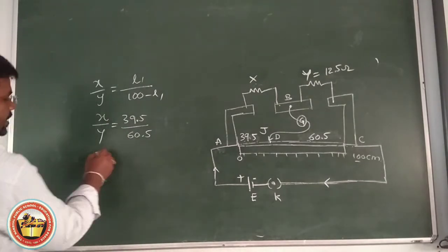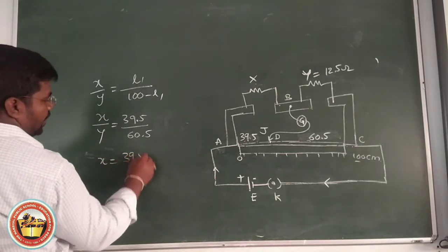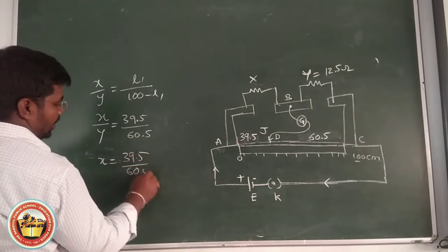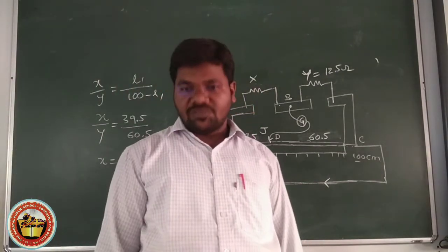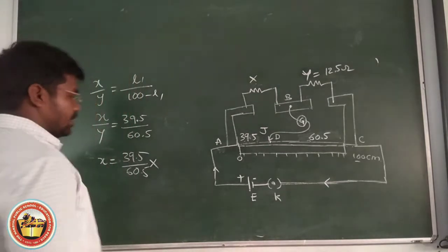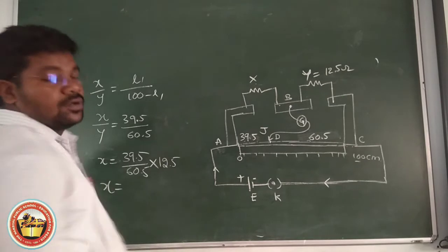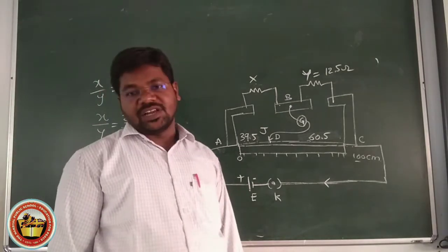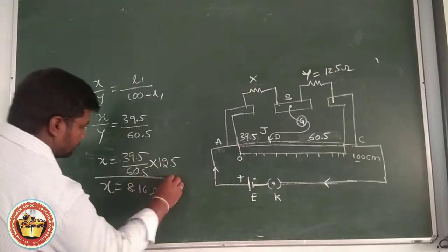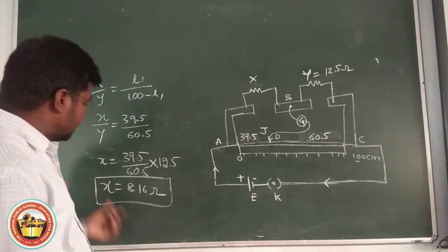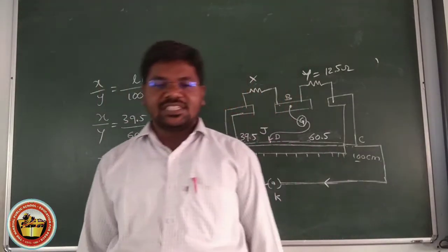So X is equal to 39.5 divided by 60.5 into Y. What is the Y value? 12.5. So by cancelling, we get 8.16 ohms. The unknown resistance X is equal to 8.16 ohms.